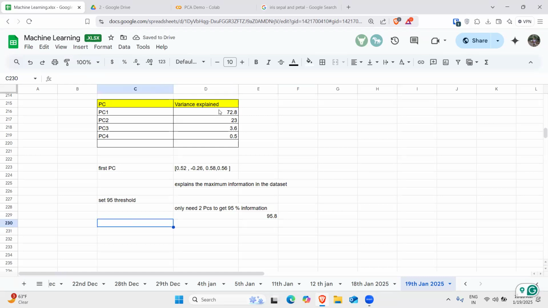But what happens when there are hundreds of columns?